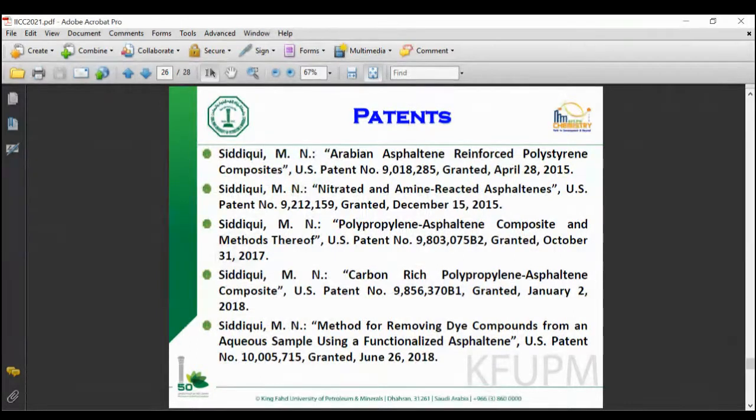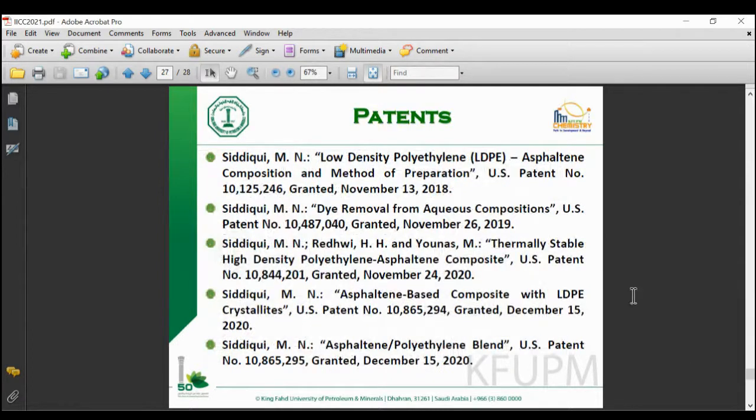If you look at this, from this type of work, there is amine asphaltene reinforced polystyrene, nitrated amine asphaltenes, and this is polypropylene. This is again a method for removing dyes, another US patent. And then we have the density, and again this is for the dyes, and again it goes for the HDPE, and some of the patents are in the pipeline.